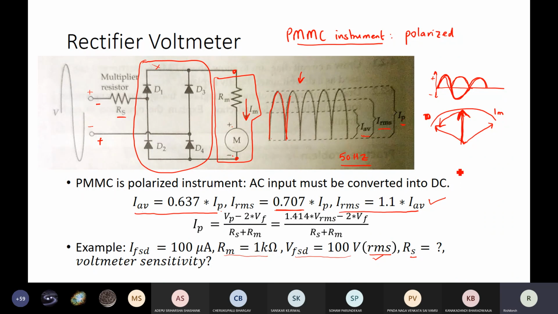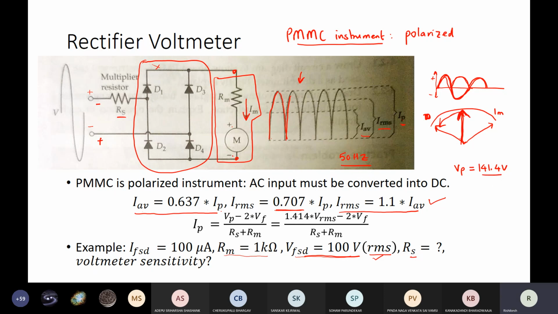So what is the peak voltage in this case? What will be the VP value? It will be square root of 2 into VRMS, right? How much is this value? 1.414 into VRMS, and VRMS is this 100 volts. How much is this? 141.4 volts, right?